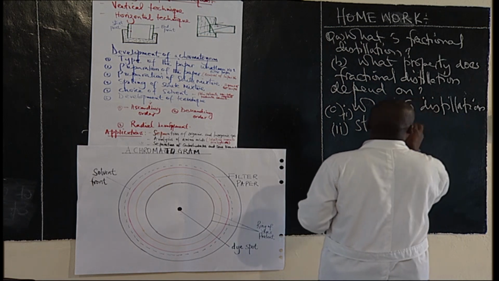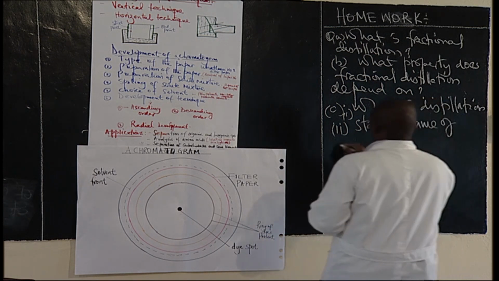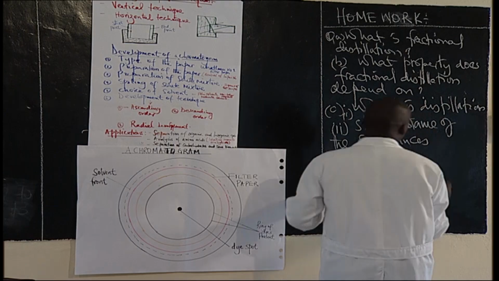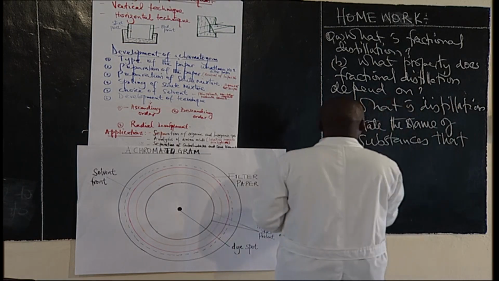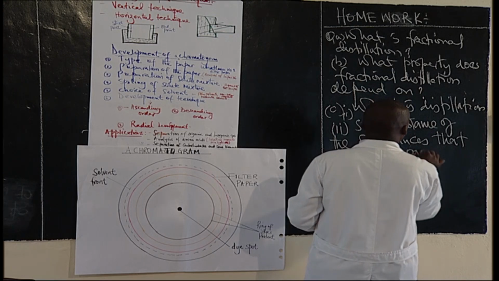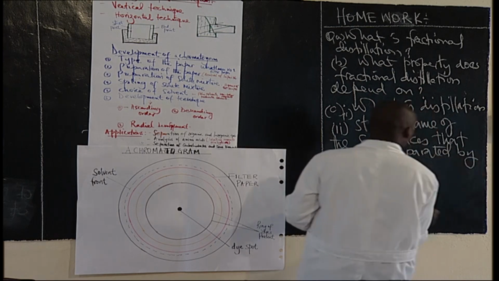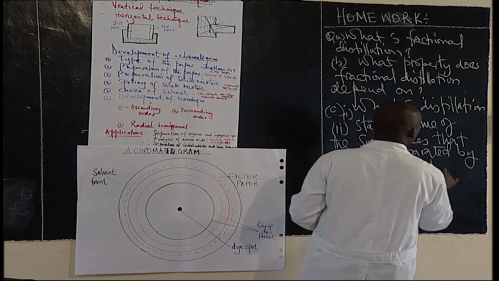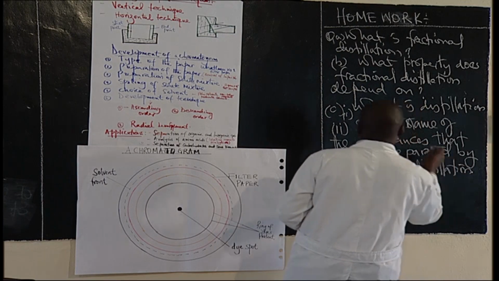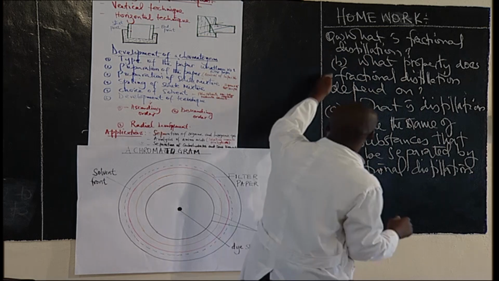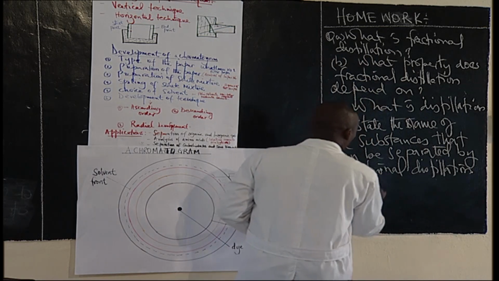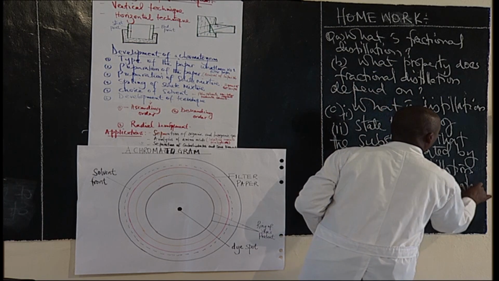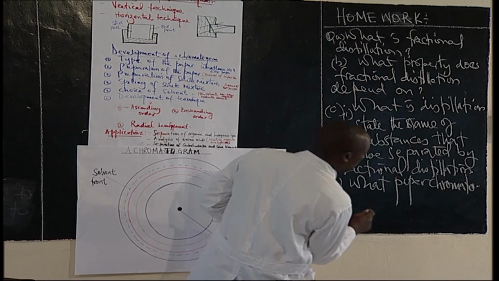State the names of the substances that can be separated by fractional distillation. That was A, B, C. Number D: what is paper chromatography?